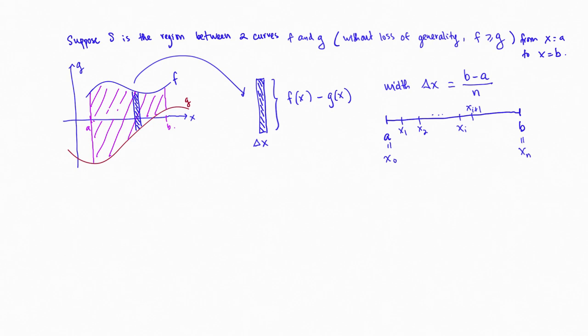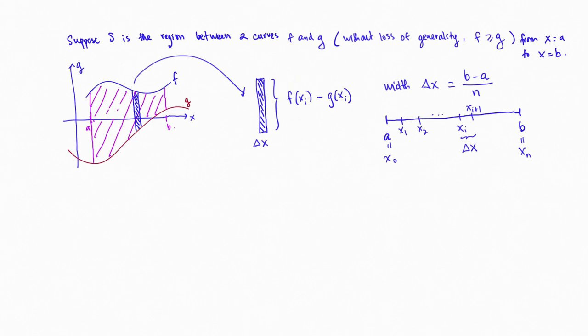A representative rectangular strip lies in the interval from x sub i minus 1 to x sub i, with a width of delta x. Therefore, the height is f of x sub i minus g of x sub i for the ith rectangular strip.